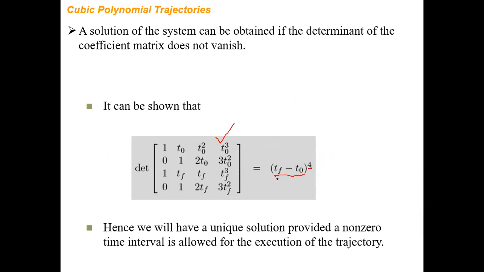If the time interval is non-zero, meaning if your T0 is not equal to TF. When T0 equals TF, it means your robot is not moving, so in that case you don't have to worry about trajectory anyways. So when T0 is not equal to TF, this guy is never 0.